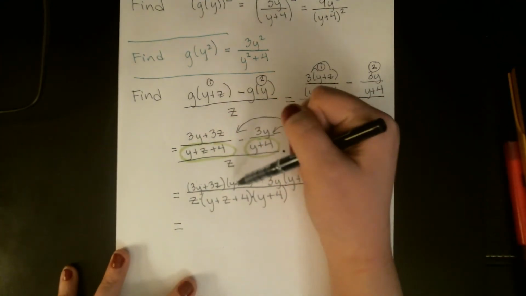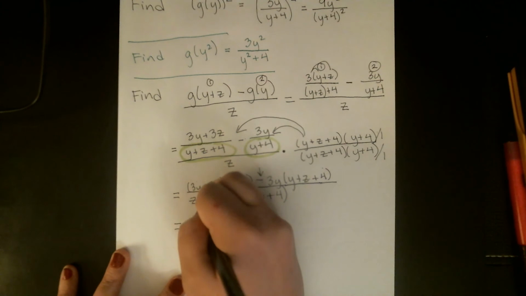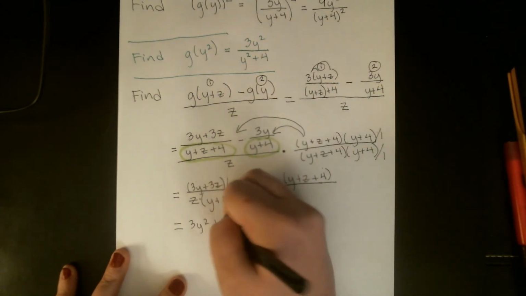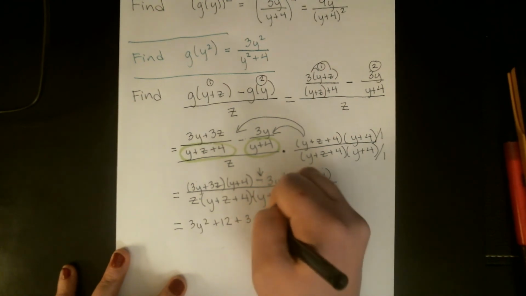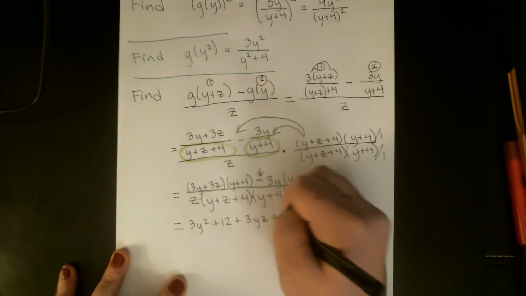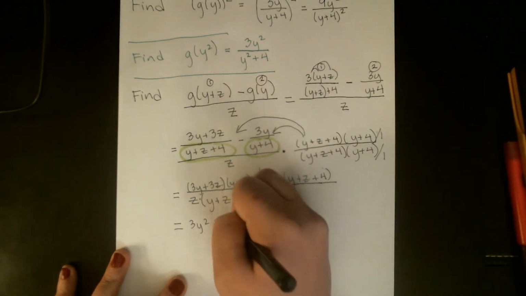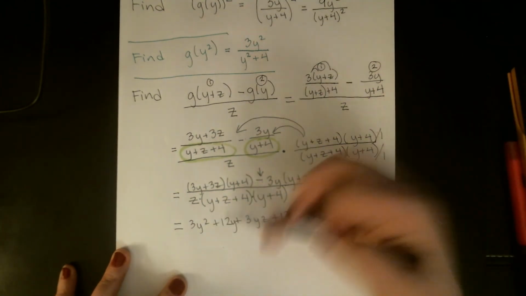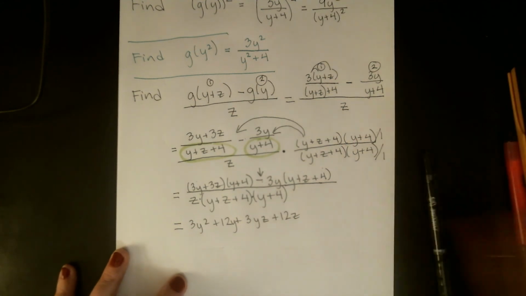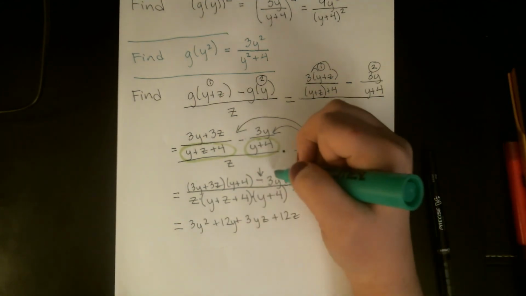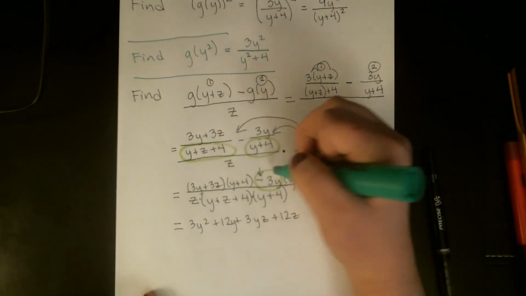Okay, so I see a FOIL. There's a 3y squared plus 12y plus 3yz plus 12z. And I said 12y and I did not write it. Make sure I didn't lose anybody else. I don't think so. For the second chunk, we want to distribute and make sure the minus sign is part of that.